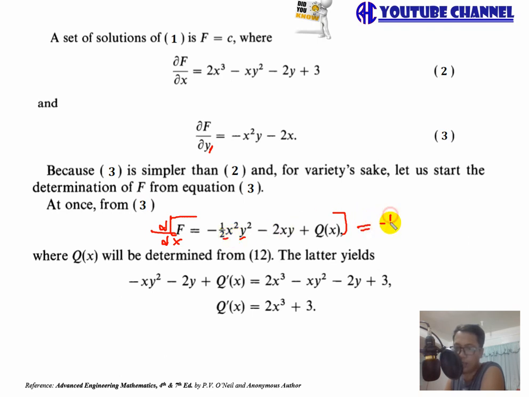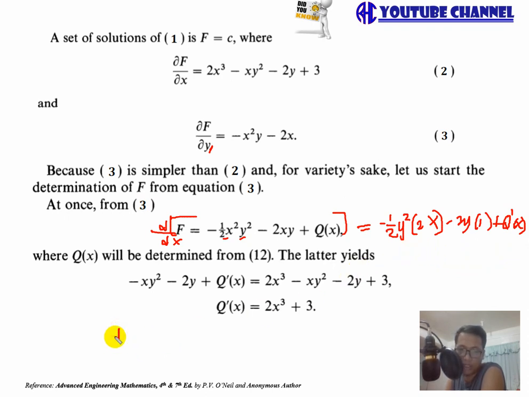So i-cap ko lang ito, y squared, ito yung variable natin na 2x. Then minus 2y natin times 1, yung x natin. Then plus the first derivative function of q of x. Yan. Then simplify natin.